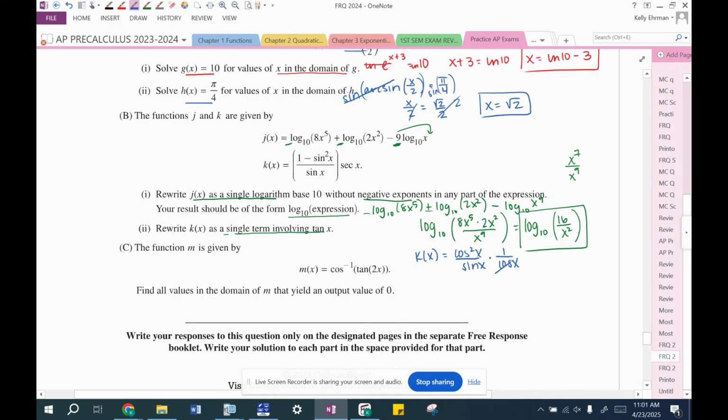That allows us to cancel out a cosine and a cosine in the top. Leaves me with cosine x over sine x. Now, that is cotangent x, but it says a term involving tangent x, so 1 over tangent x. So be careful on that one. We normally would leave it as cotangent x with the work we did this year, but they want it in terms of tangent.